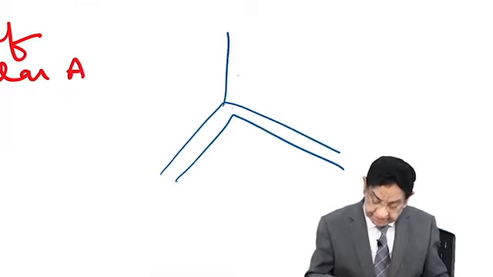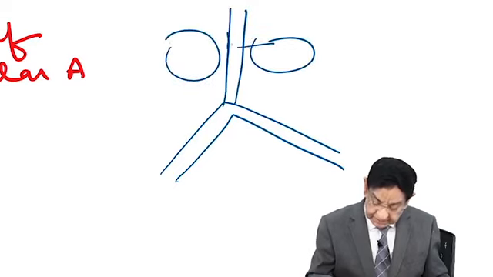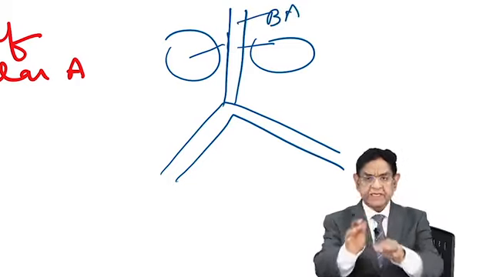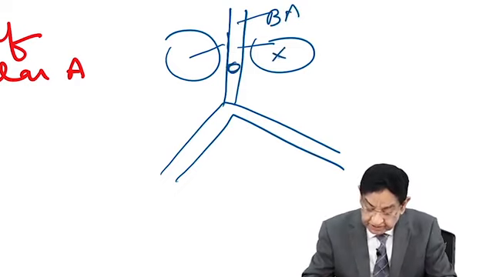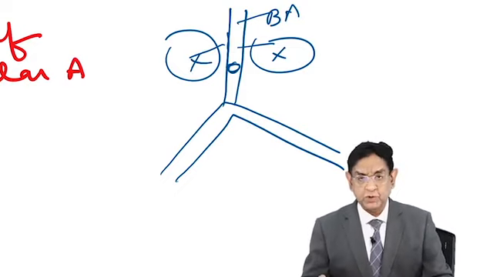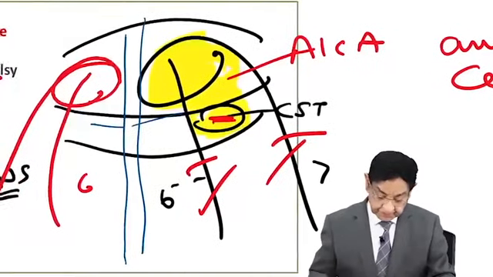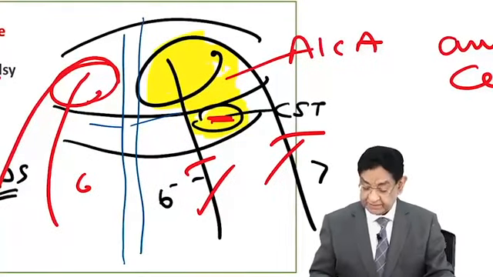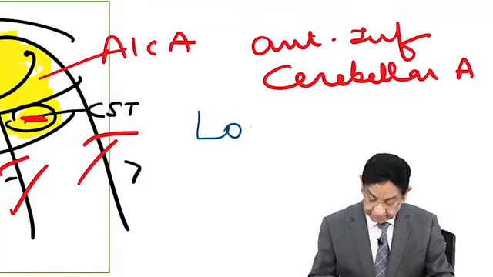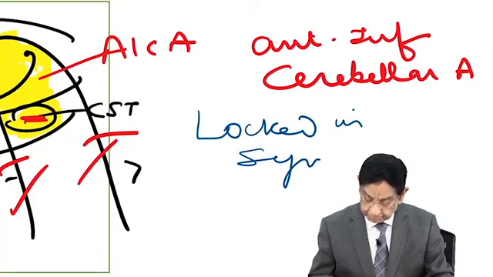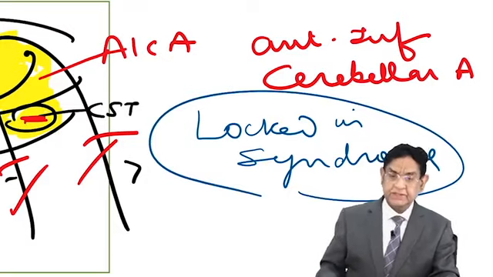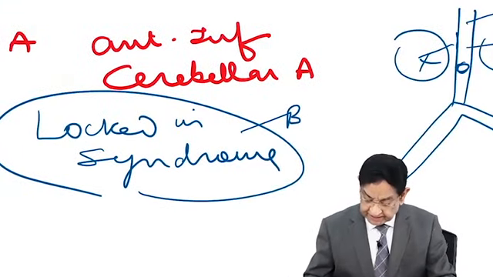They unite to make the basilar artery, and this is the pons, and the basilar artery supplies the pons. At times the lesion occurs in the basilar artery, so bilateral supply of the pons goes away. Okay, so what will happen? This is known as locked-in syndrome. Locked-in syndrome occurs when the lesion occurs in the basilar artery.